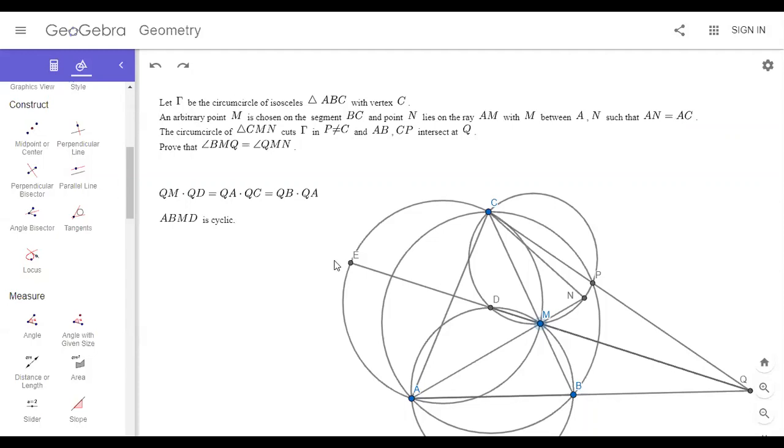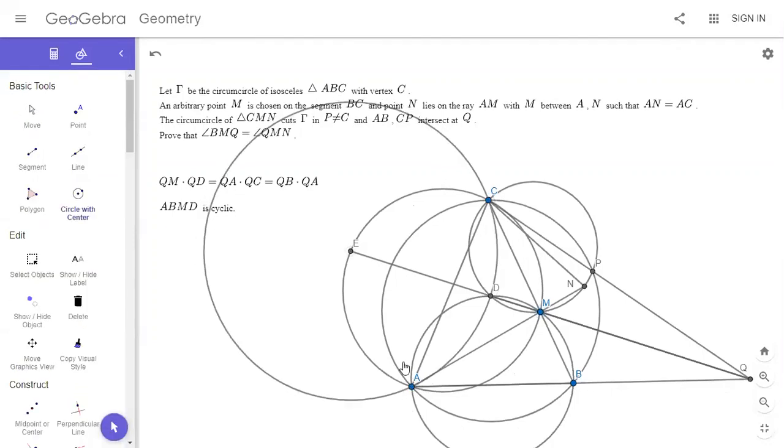Let's see, is E the midpoint of arc AC? Let me check this out. Yes. If we can show E is the midpoint of arc AC, there has to be a way to show D is the in-center of triangle ACM. I feel like it's probably pretty close.